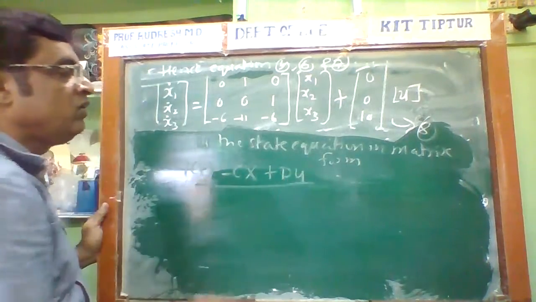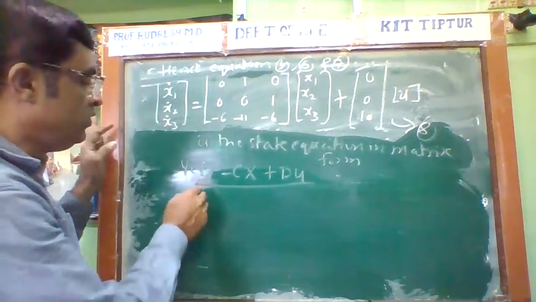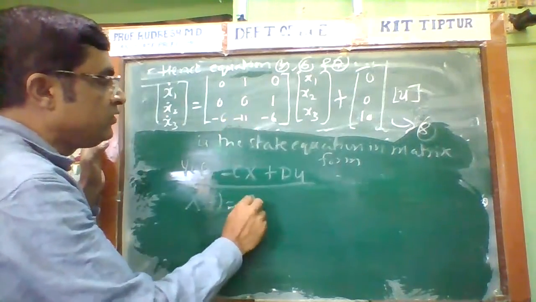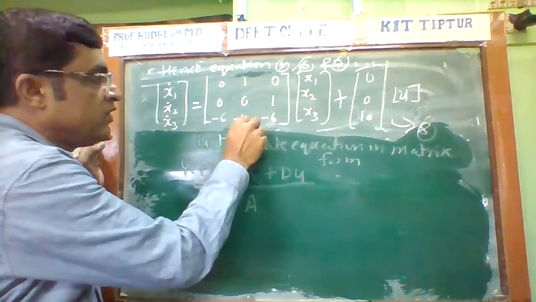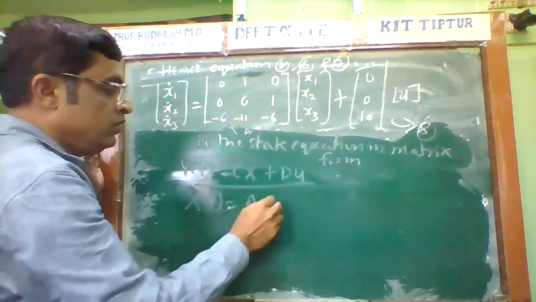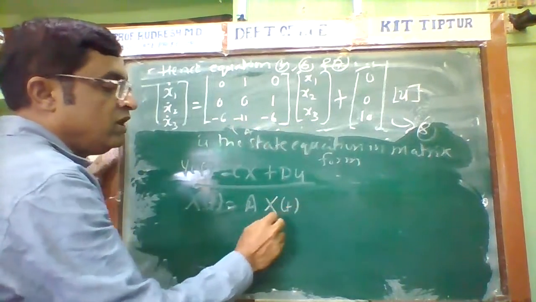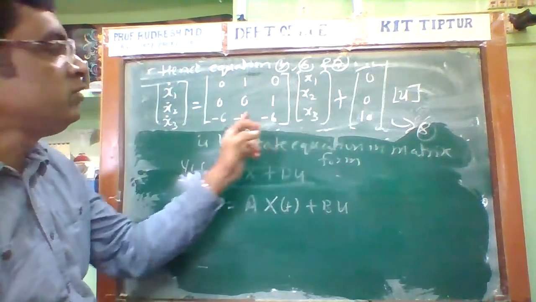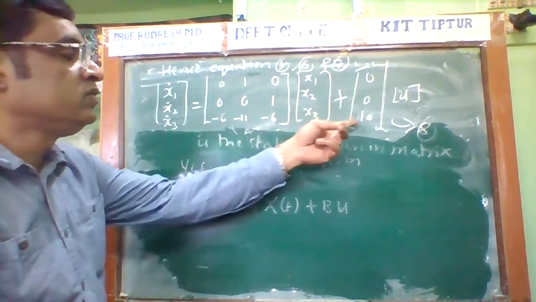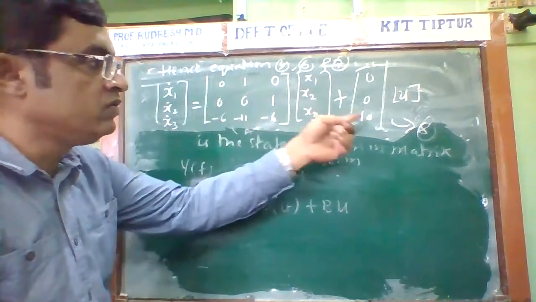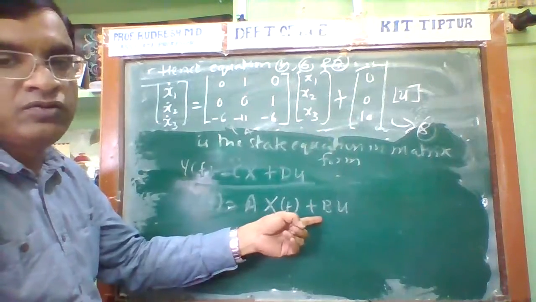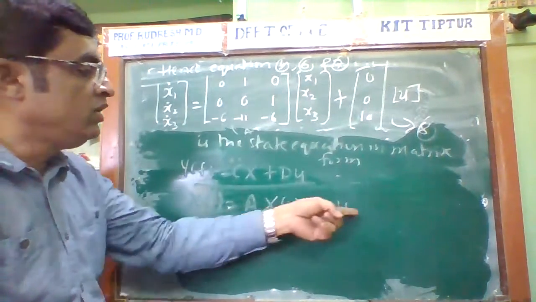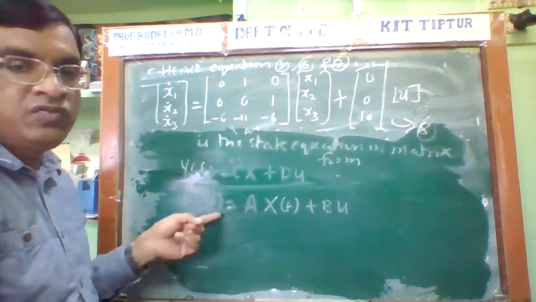I have derived x dot of t is equal to Ax of t plus Bu. Here A is the system matrix and B is the input matrix, U is the input vector and x is the state vector. So I have derived the state equation in this form.